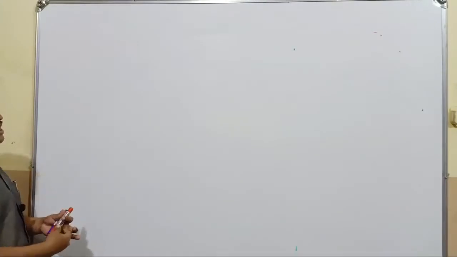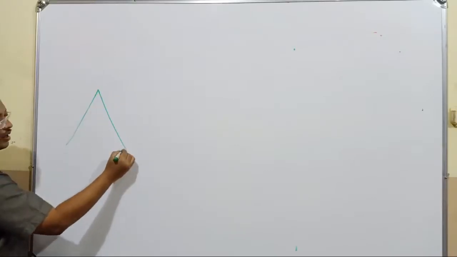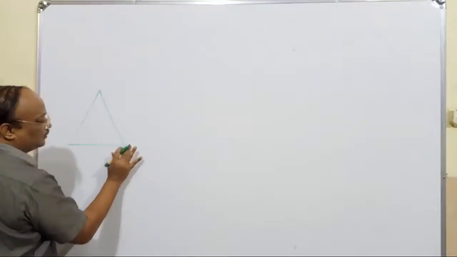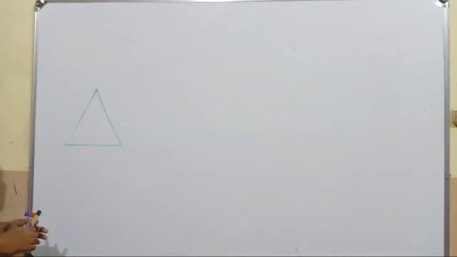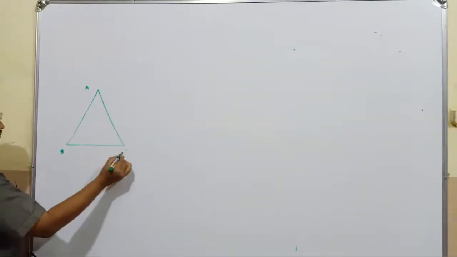So just one example we will see, so that we can see how it is different from electric force and field. This is a triangle ABC.